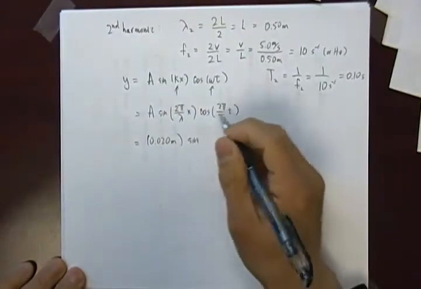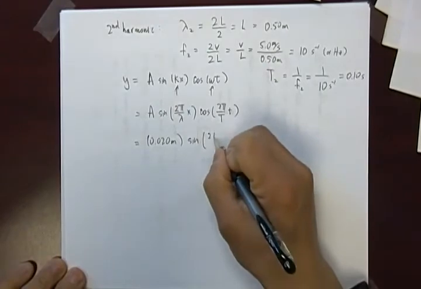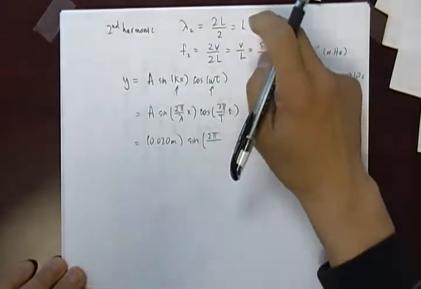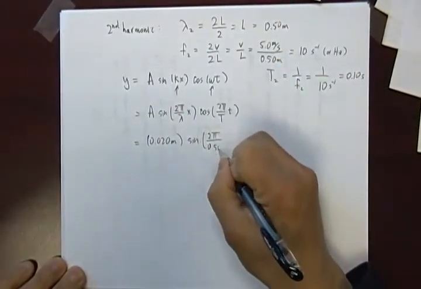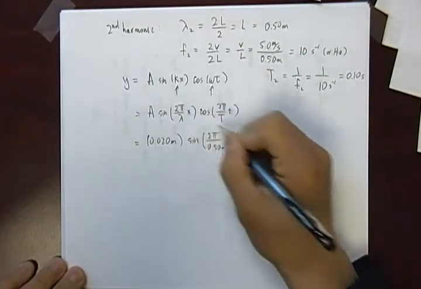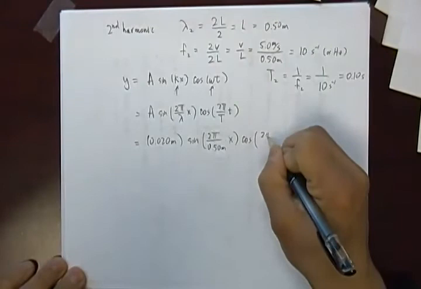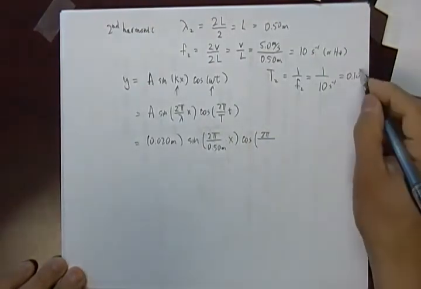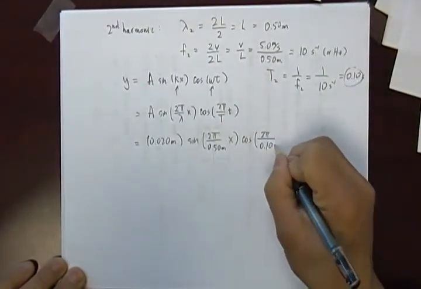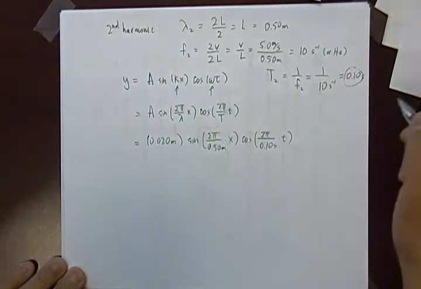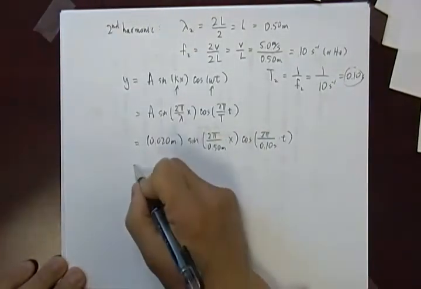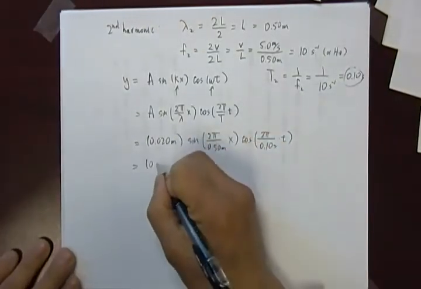Then we have the sine of 2 pi divided by the wavelength, which was 0.50 meters, times x. And then we have the cosine of 2 pi divided by the period, which is 0.10 seconds, times t. Now we're pretty much close to finishing this very long problem.